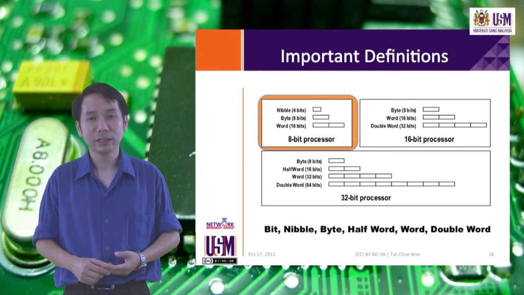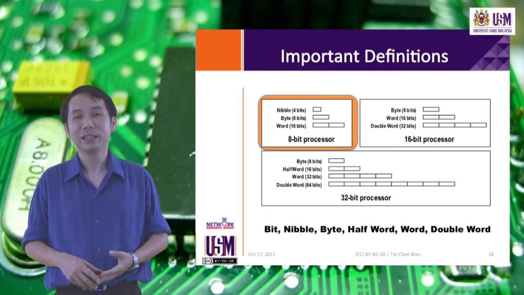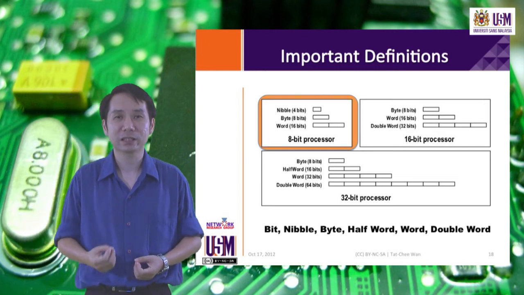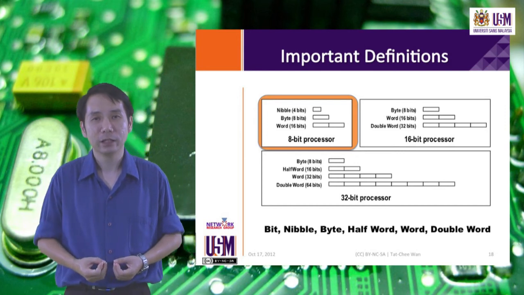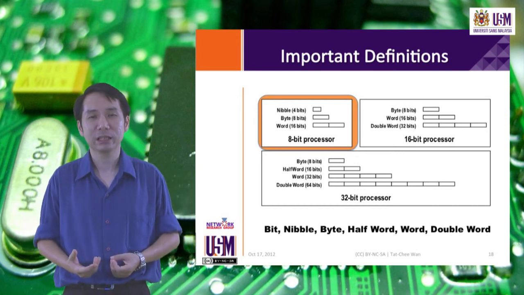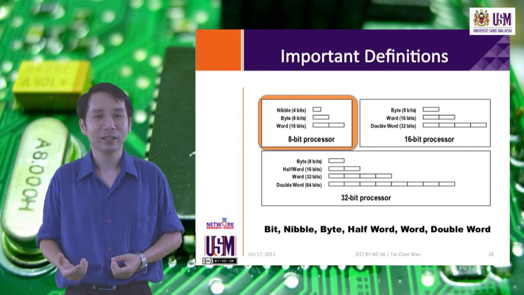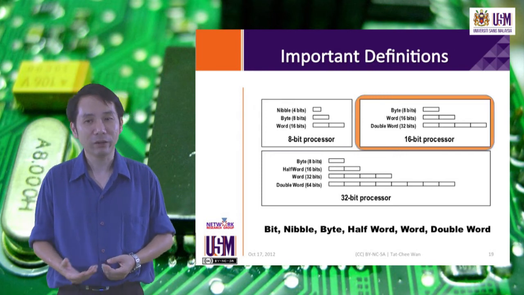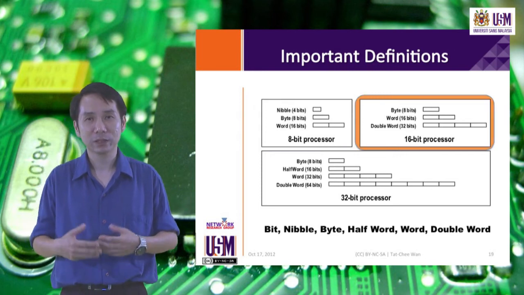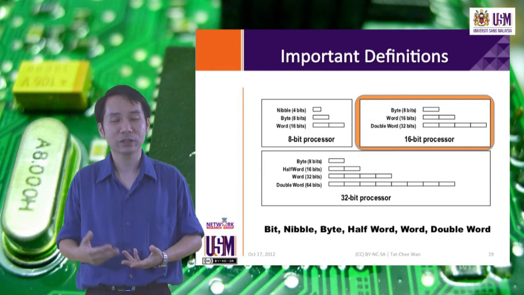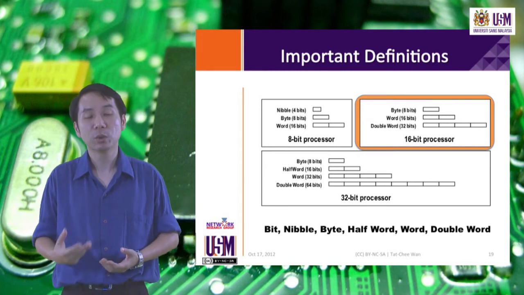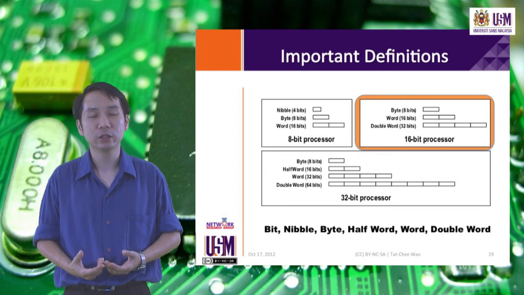And a word, now word is more complex. It depends on the processor type that you are studying or trying to understand. An 8-bit processor will have a word size of 16 bits because a byte is already 8 bits. However, on other processors that are 16-bit or 32-bit or 64-bit, the word is typically the natural integer size of the processor.